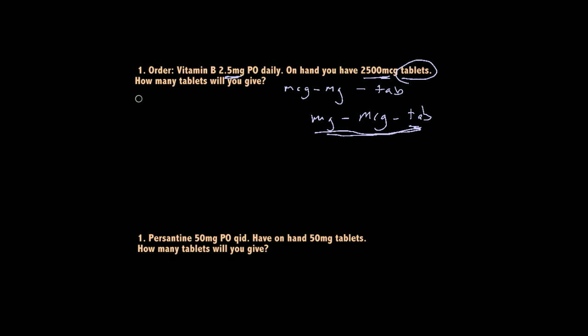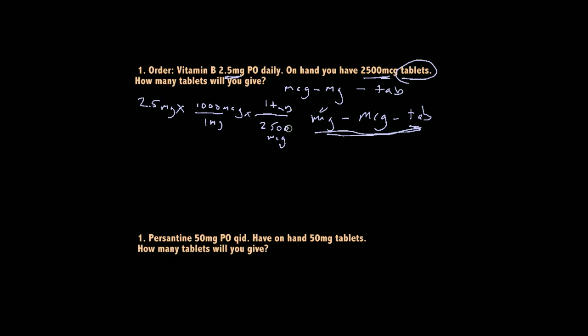So I've got 2.5 milligrams. Check off milligrams. I'm going to take that to micrograms. I know for every 1 milligram, I have 1,000 micrograms. And I know for every 1 tab, I have 2,500 micrograms.